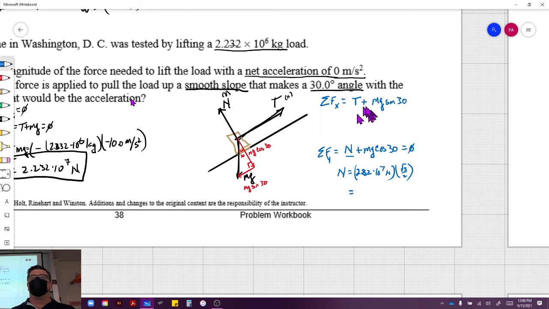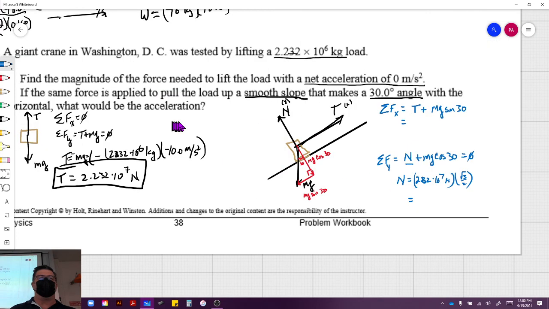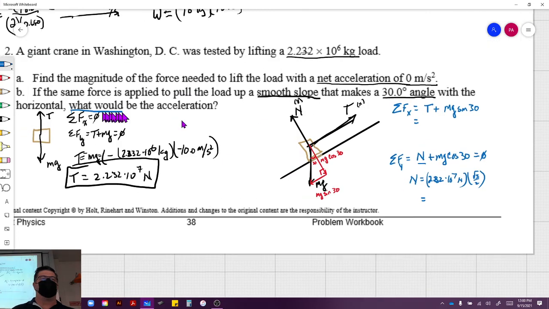The sum of the forces in the x direction, however, is a little different. Okay, this may actually be accelerating up the slope, right? In fact, we need to find that. What would be the acceleration up the slope? All right. So we know that the sum of our forces then is going to equal mass times acceleration.